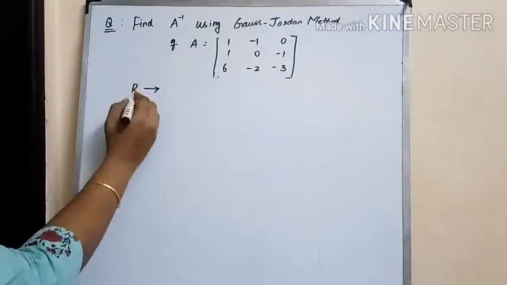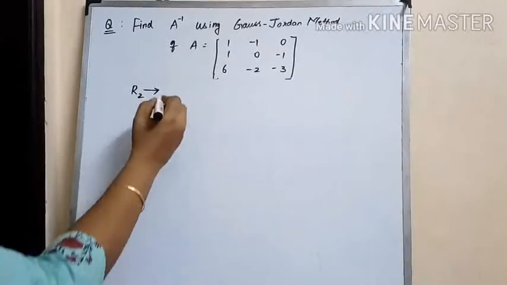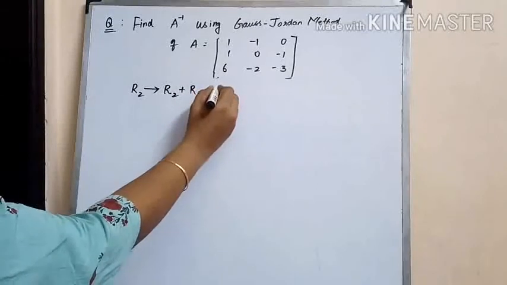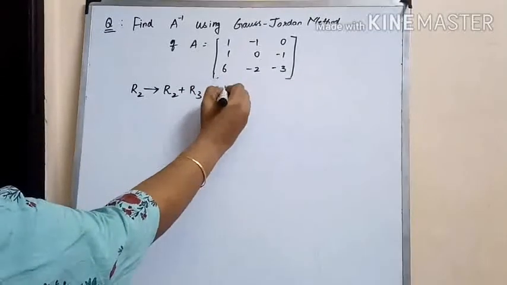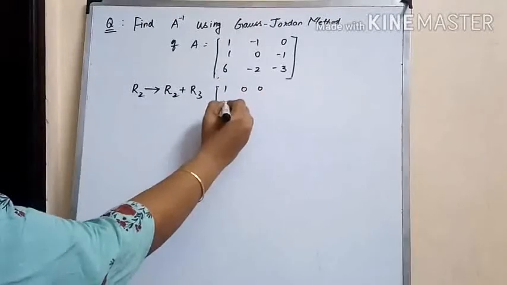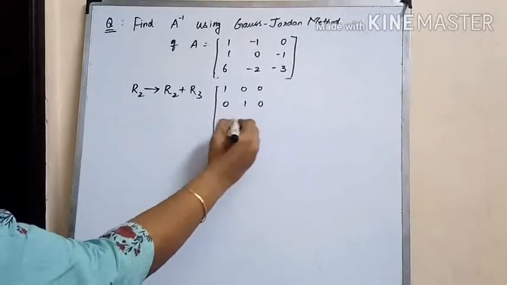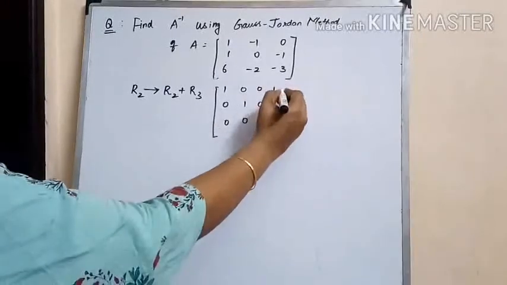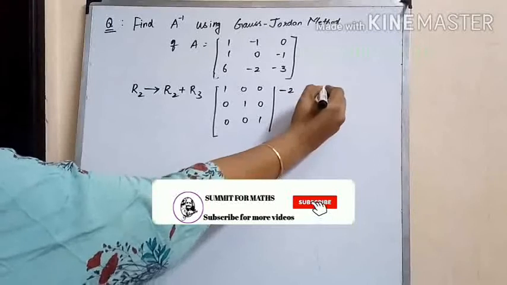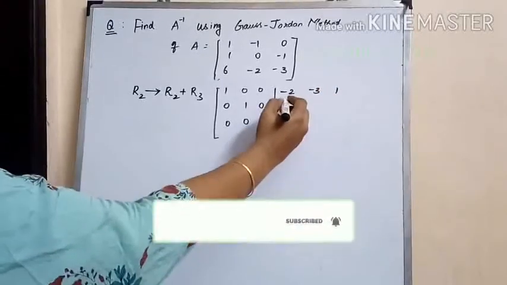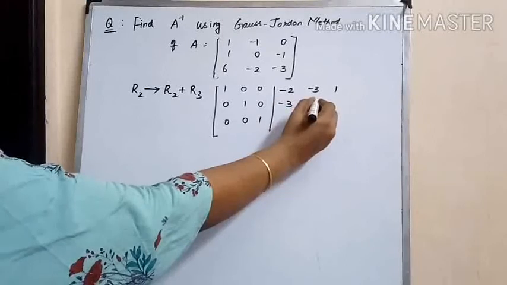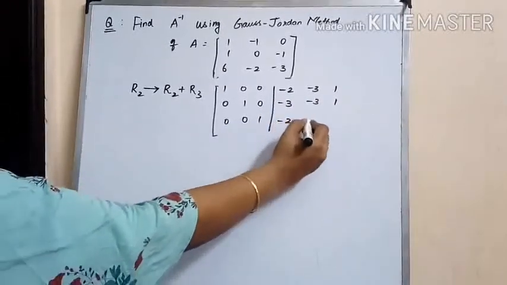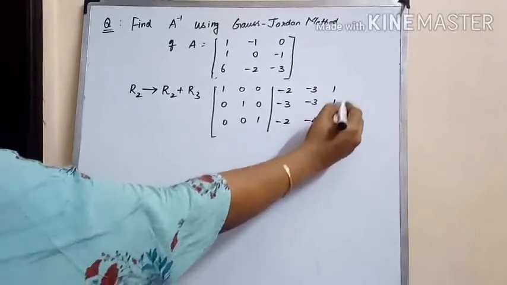The next row operation is with row 2: row 2 plus row 3. That will give you 1, 0, 0, 0, 1, 0, 0, 0, 1. So you get I3 on the left side, and the matrix on the right will become minus 2, minus 3, 1, minus 3, minus 3, 1, minus 2, minus 4, 1.